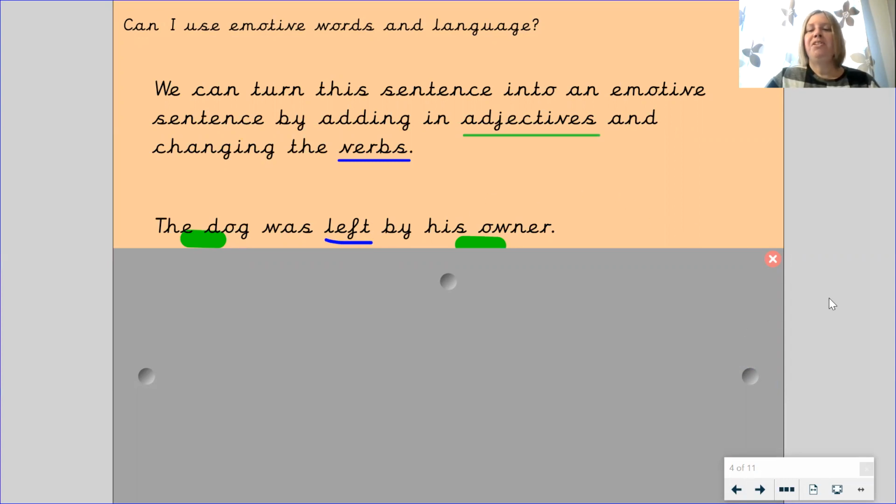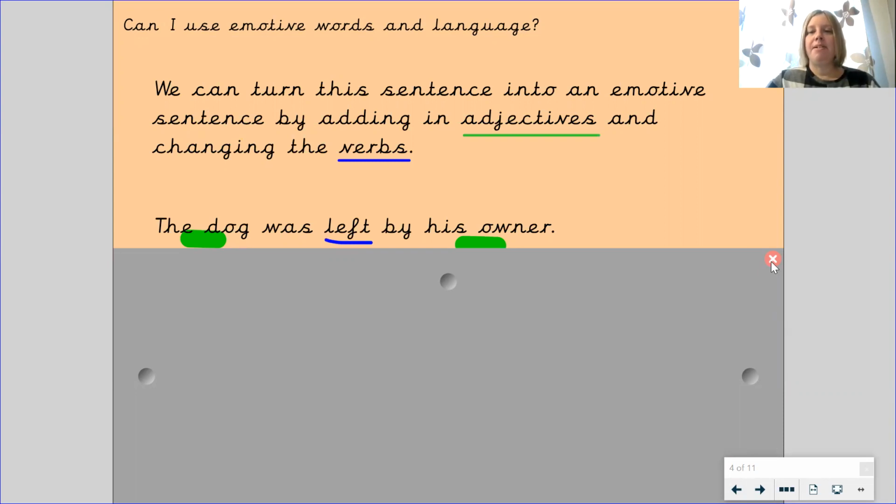I want you to have a go at improving this sentence by adding in some adjectives and changing the verb. Then we will have a look at my sentence. Pause the video and write your sentence now.